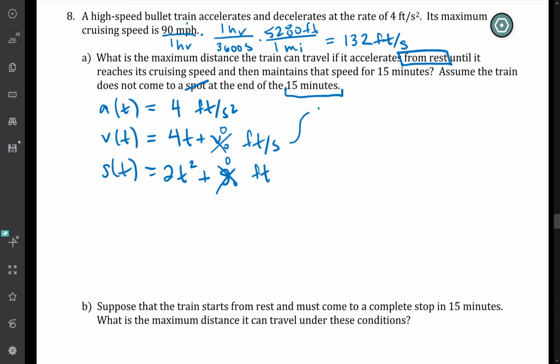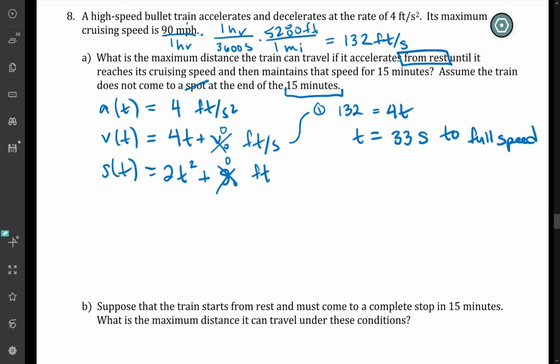So we want to know when this is true. And what do we get there? 33 seconds. Okay, so it takes this train 33 seconds to reach full speed.